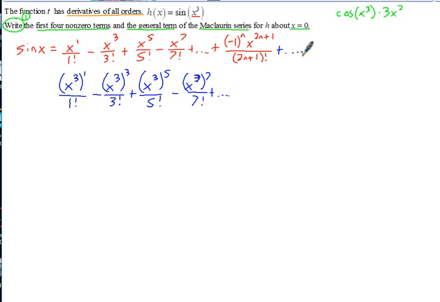Then the negative 1 to the n is not going to get affected, so the general term is negative 1 to the n, x cubed to the 2n plus 1 divided by 2n plus 1 factorial.